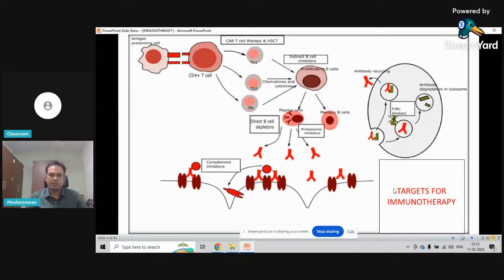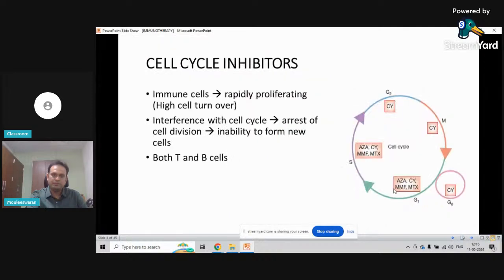Basically, inhibiting the presentation of this antigen to the T helper cells, inactivating the proliferation of B lymphocytes, inactivating the antibody release from the B lymphocytes, as well as accelerated degradation of the antibodies which are released. Thus these form the targets for immunotherapy.